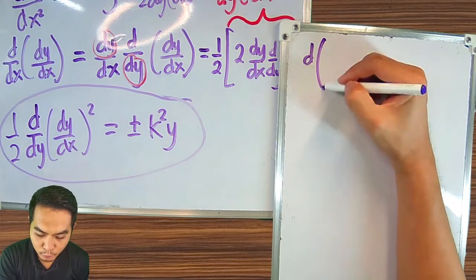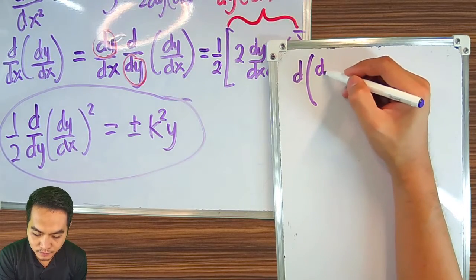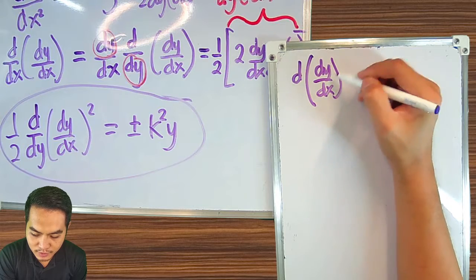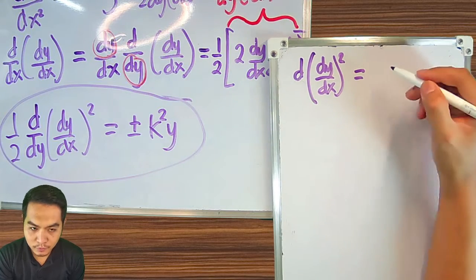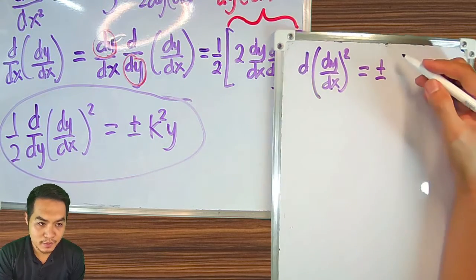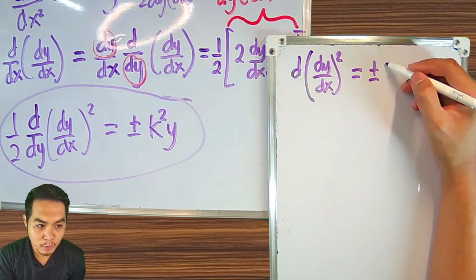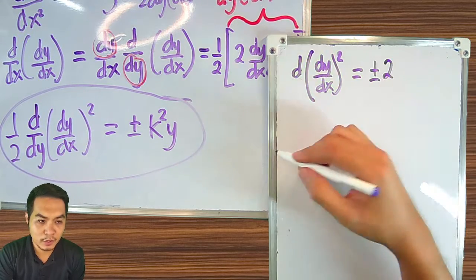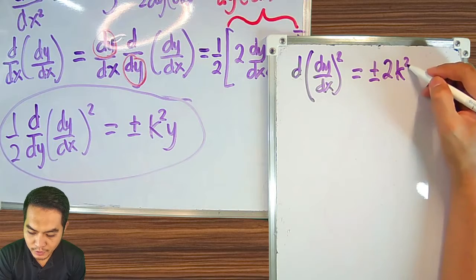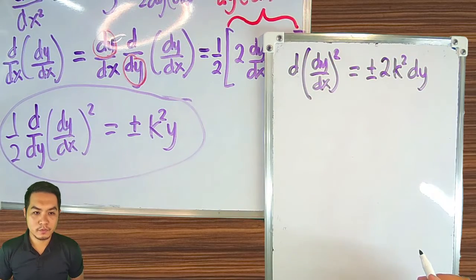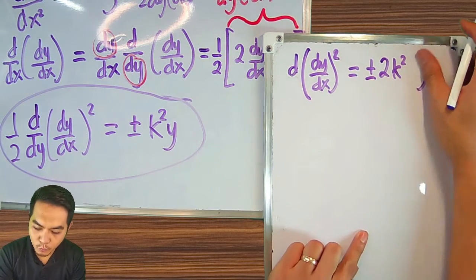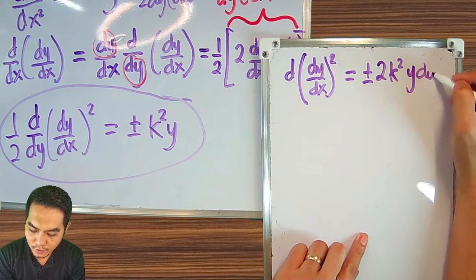What's left will be the differential of dy dx squared is equal to plus and minus, with a 2 factor since I cross multiplied 2, k squared y dy.